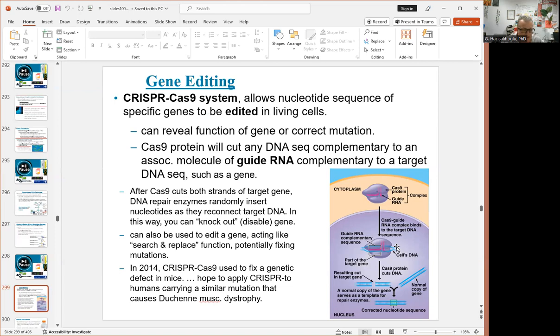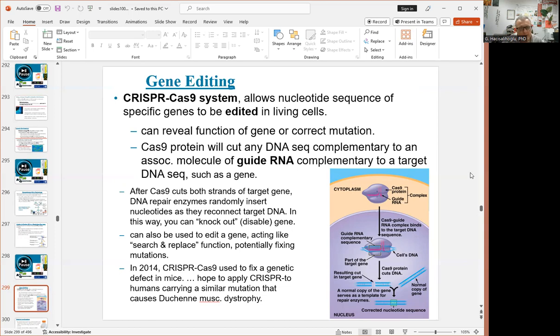Gene editing. This is a very new technique, also called the CRISPR-Cas9 system. This is maybe one of the newest, only from the last 10 years, and it already got a Nobel Prize awarded for this technique. It's a very cool technique, because it's going and live editing the gene in its location. That makes it very unique.